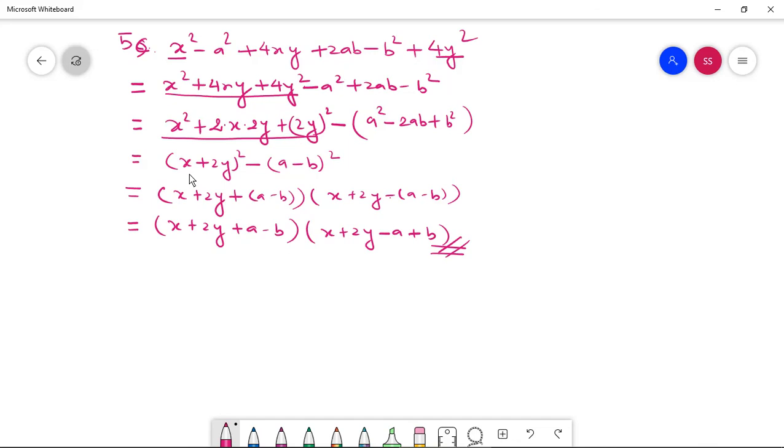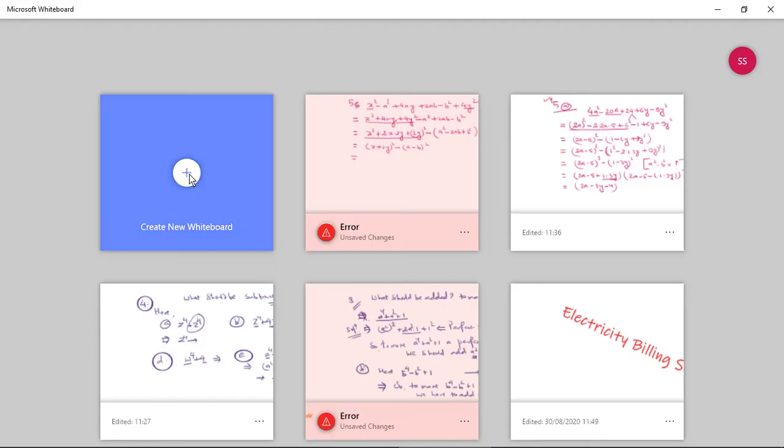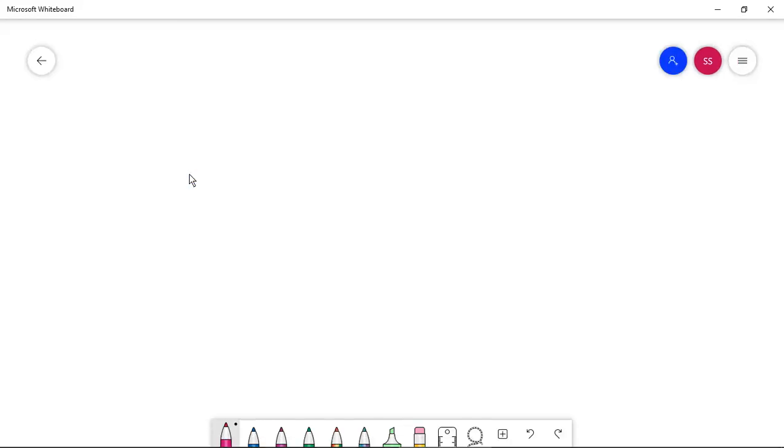Then for b square I need 5x whole square. So 5x whole square is 25x square, but I have here only 16x square, so I need to subtract 9x square.